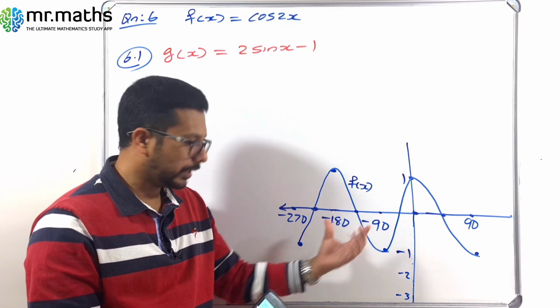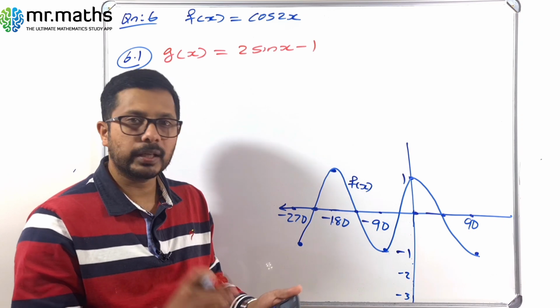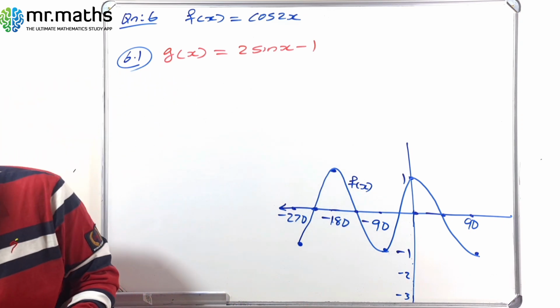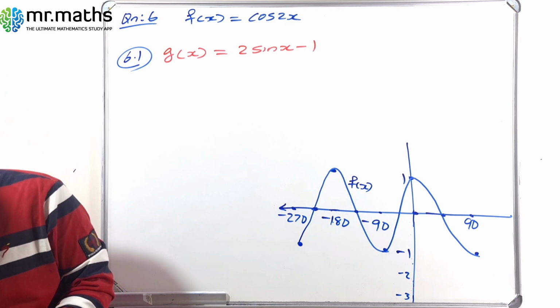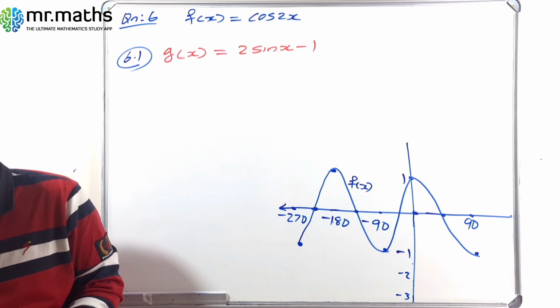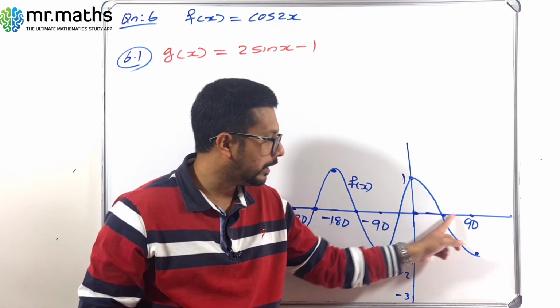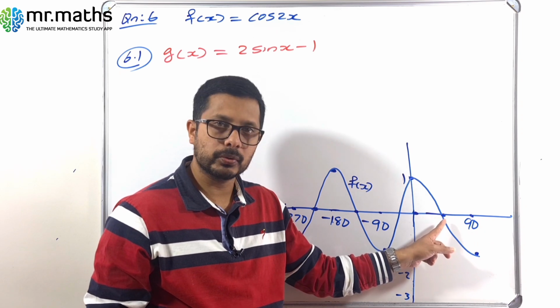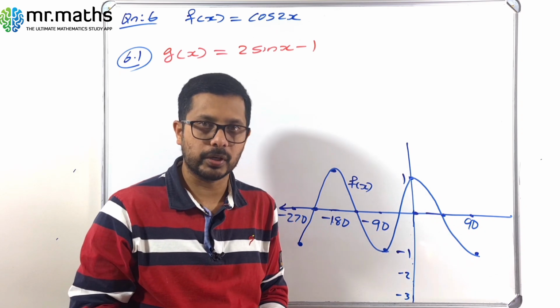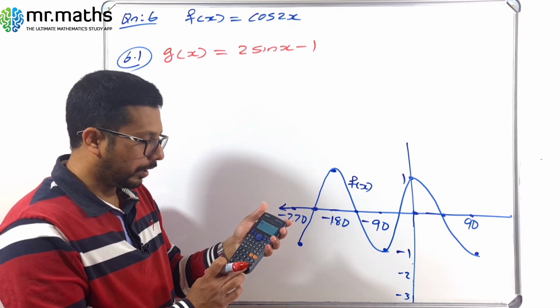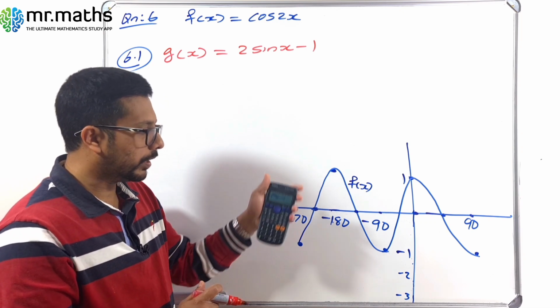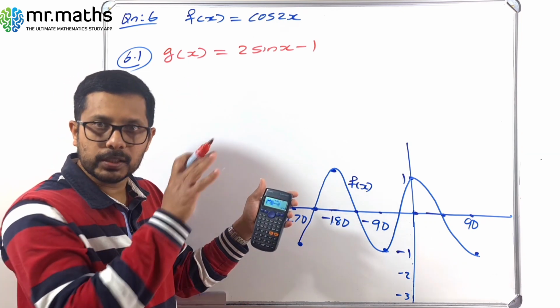In our graph paper it is given as an interval of 45, am I right? Between 0 and 90 we can see another point also, that means they took an interval of 45. So step we can take as 45. Now equal, and you can see all the points are coming there.